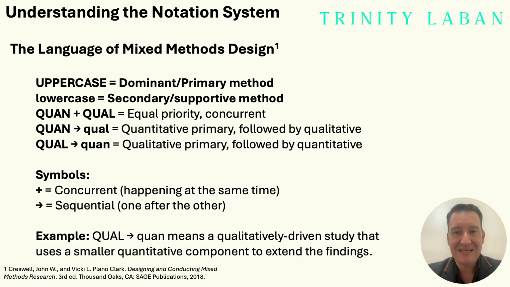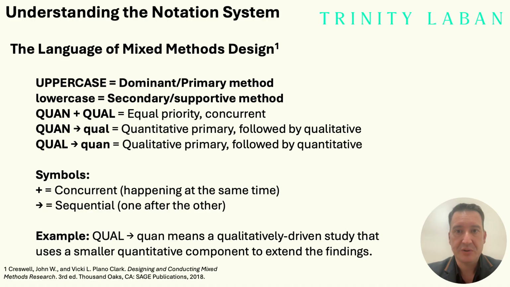Uppercase letters indicate the dominant or primary method. Lowercase letters indicate the secondary or supportive methods. When both are uppercase, QUANT and QUAL, that signals equal priority. This is less common than you might think because genuinely equal weighting is difficult to achieve in practice.